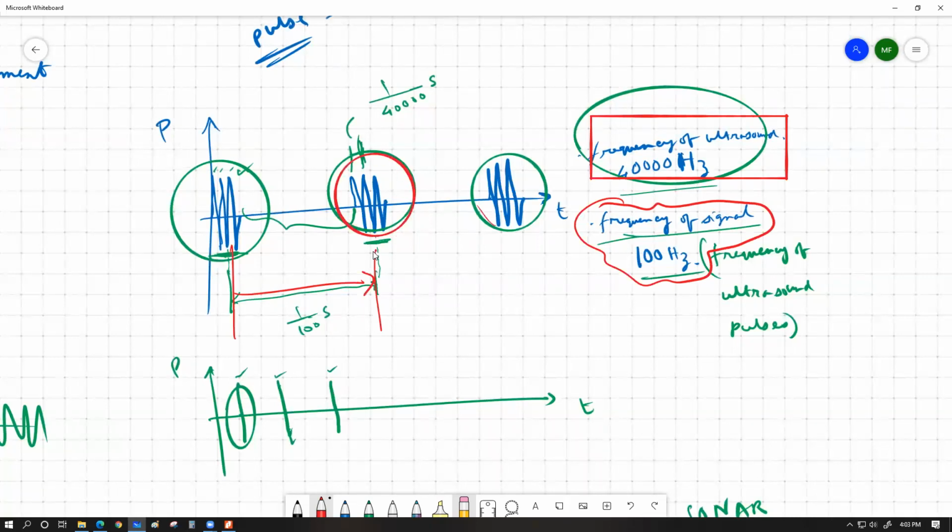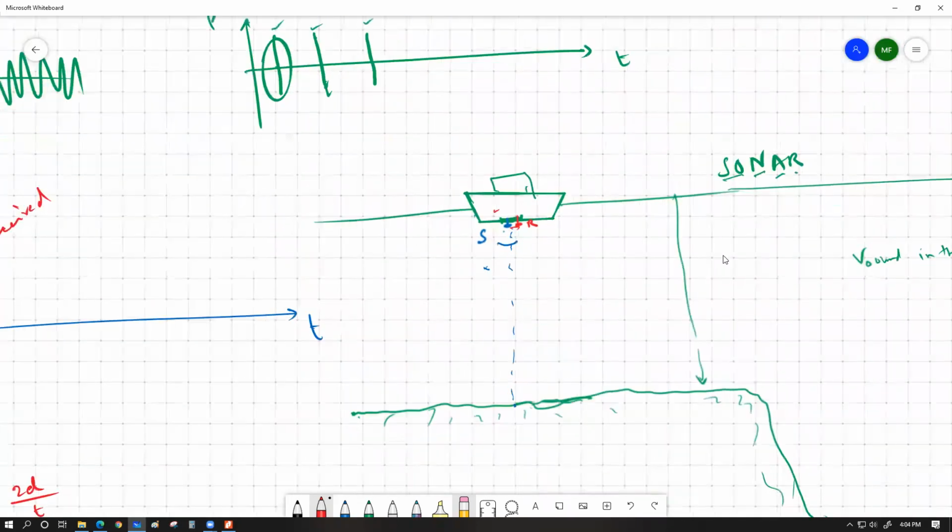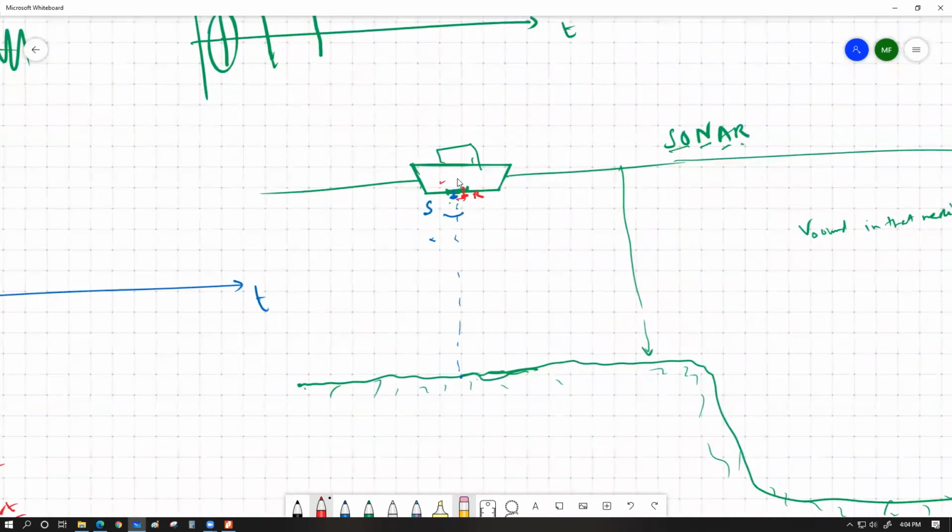Some high-end devices, for example in the navy, some navy ships or high-end submarines, can also have devices which can change the frequency of the sound. But what is important is that whenever the ship travels to much deeper water, let's say the ship travels from here to over here, what's going to happen at this point?